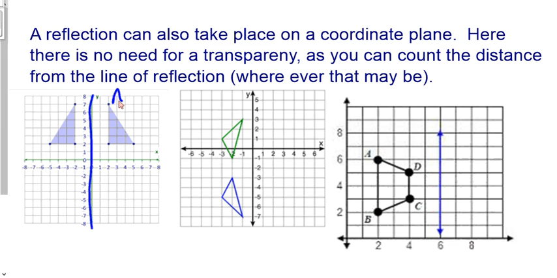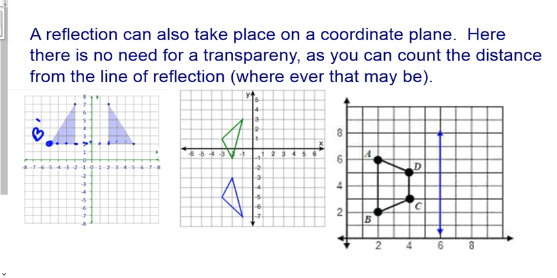So if this is ABC, right? I count. A is 1, 2 away from the line of reflection, so I go that exact same distance, 1, 2, and I know that this would be A prime. This one was B. If I go 1, 2, 3, 4, 5, then I count 1, 2, 3, 4, 5, and this one would be B prime.